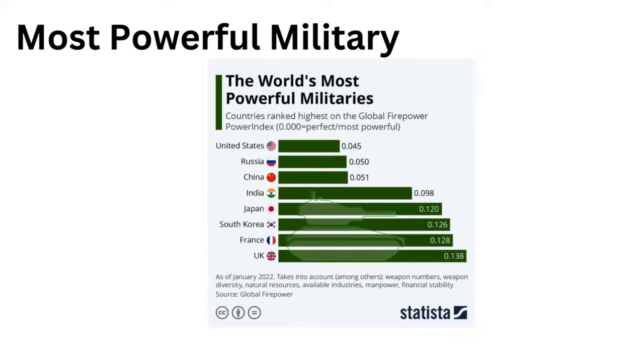Thirdly, the United States possesses advanced technology in weaponry, including sophisticated aircraft, naval vessels, and missile defense systems. Finally, the U.S. military benefits from highly trained personnel and a culture of innovation, continuously striving to maintain military superiority.